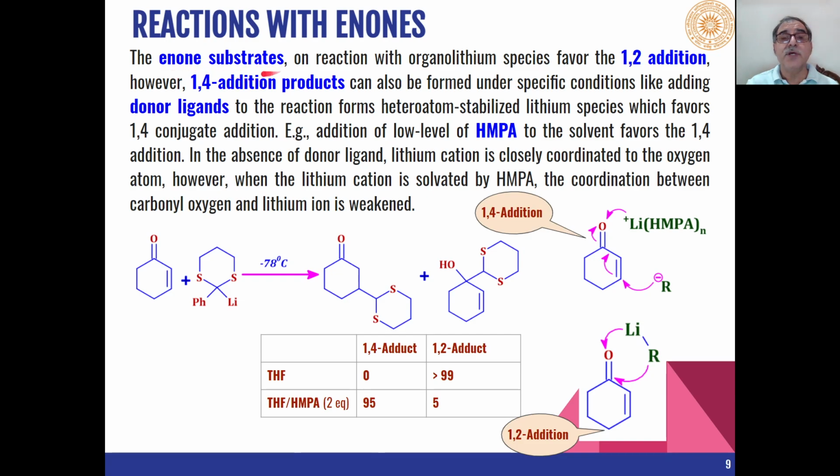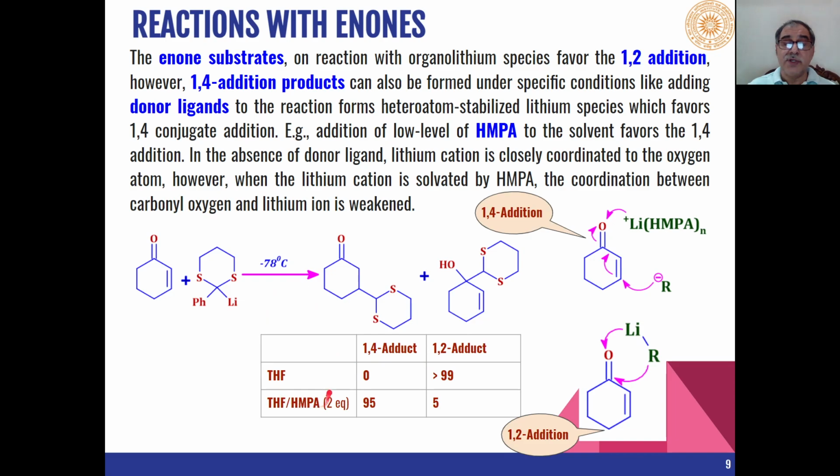Then enone substrates can also react with organolithium compounds like 1,3-dithiane lithiums, and these organolithium compounds add to the enones by either 1,2 addition or 1,4 addition. So depending upon the reaction conditions, we will get either the 1,4 product or the 1,2 product.